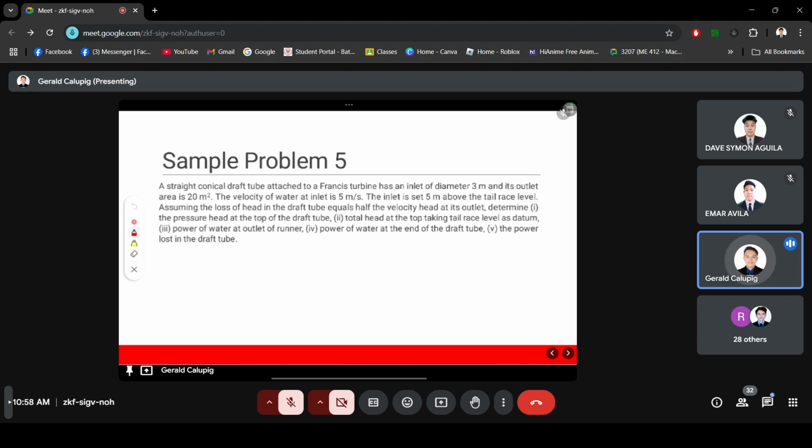So based on our discussion yesterday, we can derive a formula for the pressure head at the top of the draft tube. Okay. Excuse me. So sulat muna natin dito. One, you are asked to find the pressure head at the top of the draft tube.